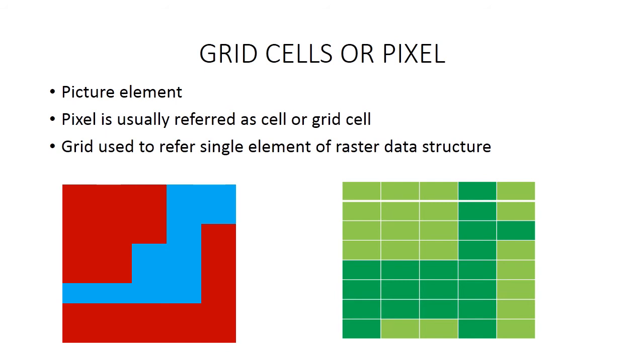A grid is commonly used in a raster data model. The term grid cell is often used to refer to a single element of the raster data structure, and when we are talking about all of them together, it is referred to as raster data.